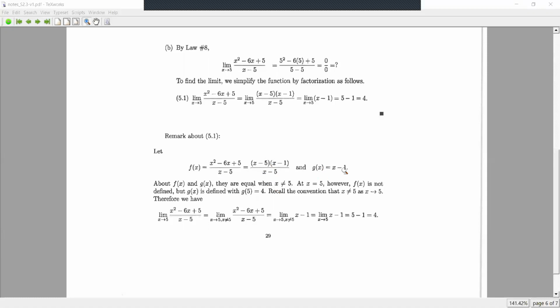It is 4. So therefore, function f and function g are different functions. They are equal everywhere except at point 5. Now the question is, since this function and this function are different, why can we still have this equation?